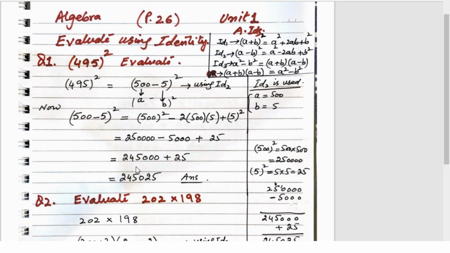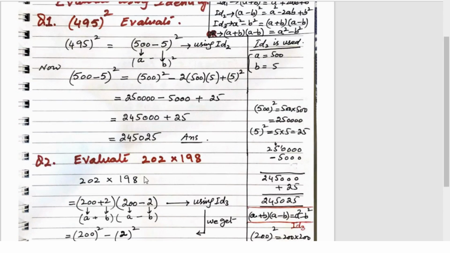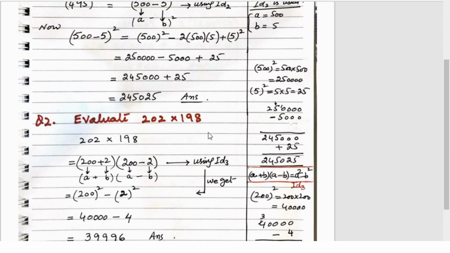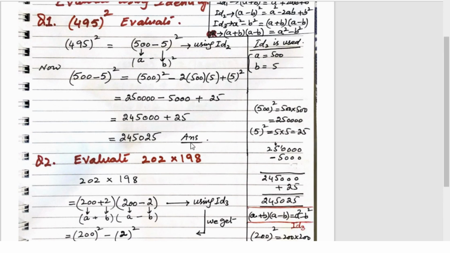So square is a sign which helps you in selecting the suitable identity out of the first two, ID1 and ID2. But in question number 2, no square is involved. When square is not involved, it is definite it will go with the third identity. Remember, when no square is involved in the numbers given to you and it is said use identities, it means it will definitely go with the third identity.